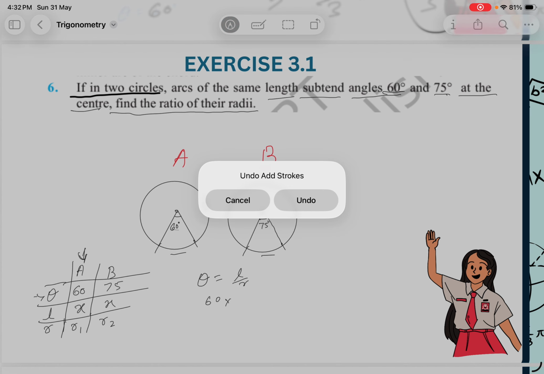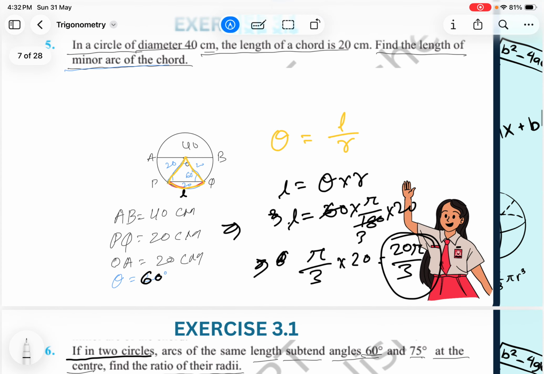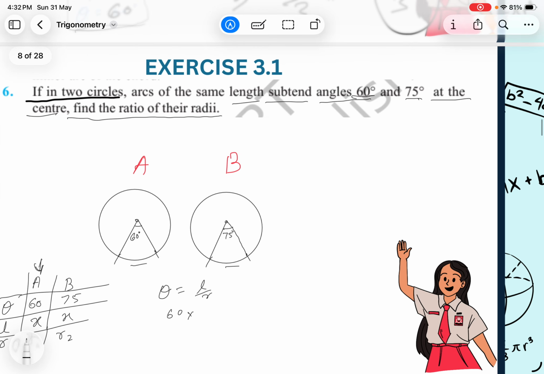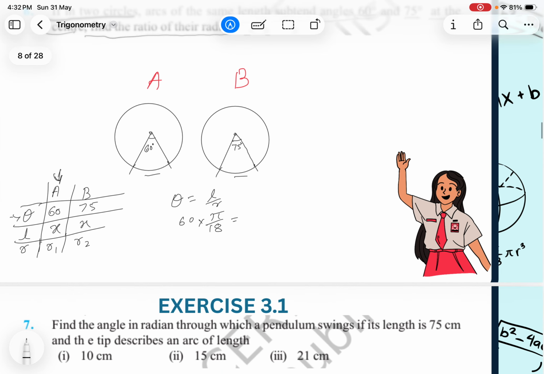You see here above, theta was in a degree, so we converted it by multiplying it by pi by 180. So we can multiply this by pi by 180 equal to L. What is the value of L? That is x, you see here, x by r1.